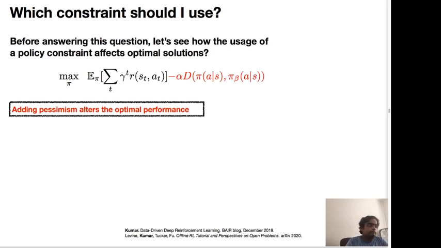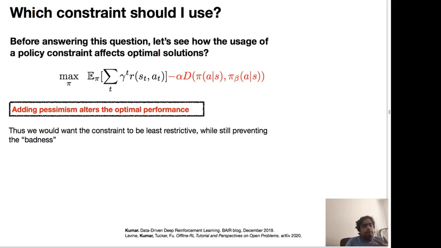Therefore, the constraint will affect the solution. What we would want in this setup is a constraint that is least restrictive, while still preventing the erroneous overestimation issues that we saw in the previous part of the lecture.